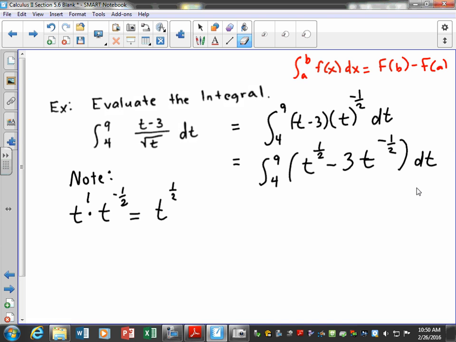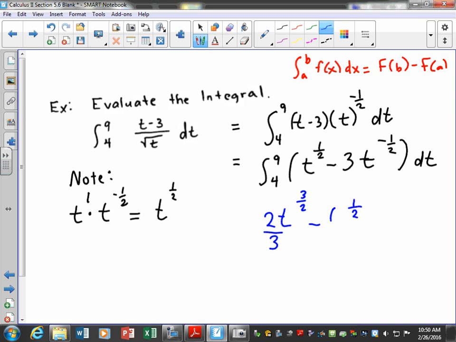So we're finally at the point where we're ready to take the antiderivative. When you get t to the 1/2 plus 1, that would give us t to the 3/2 divided by 3/2, but remember that would give us 2/3 out front, minus, now negative 1/2 plus 1 is just going to be 1/2 divided by 1/2, which would just be times 2.